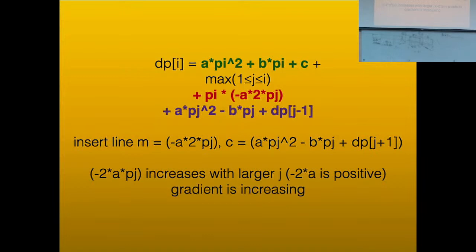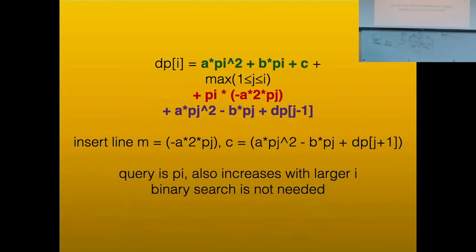Now the query, which is p[i], the x value, is also increasing, again because the prefix sum is increasing. So we don't actually need binary search for this problem. How can we avoid binary search? Two pointers, yeah.